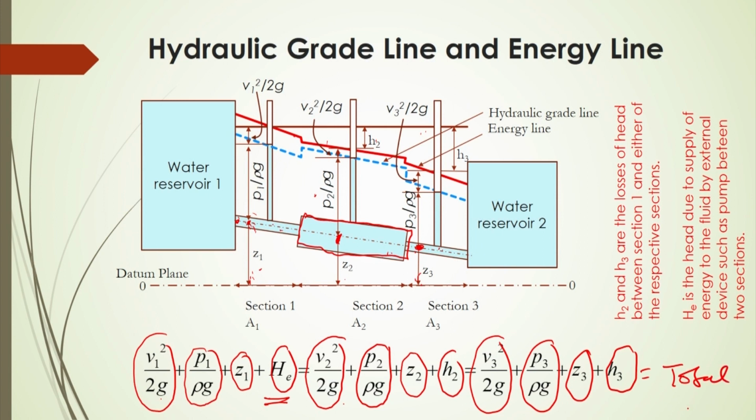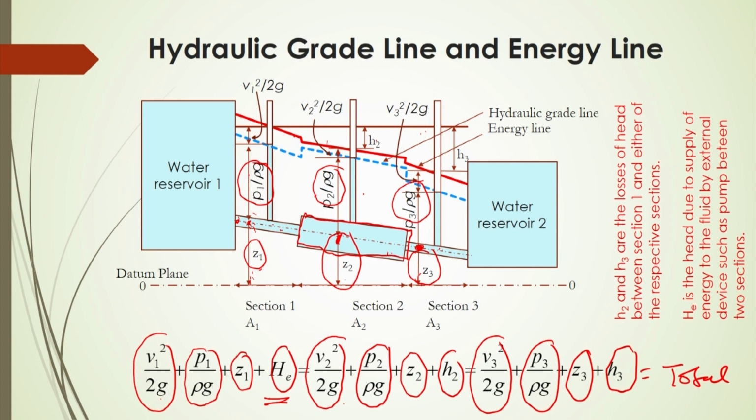So, from this energy concept, we can generate the hydraulic grade line and energy line. Now, the hydraulic grade is nothing but the sum of only two components: the potential energy and the pressure energy, that means potential head and pressure head. The summation of these two heads will give you the hydraulic grade. At this location also, the pressure head and the potential head will give you the hydraulic grade line.